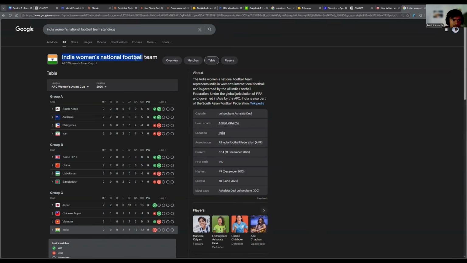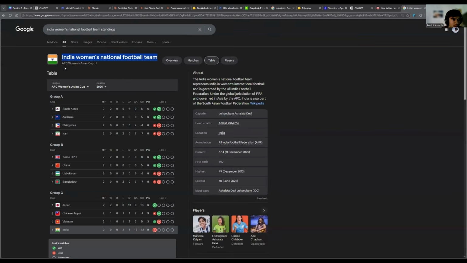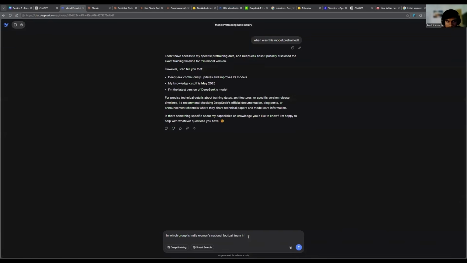So let's ask this model in which group is the Indian women's national football team. Okay, I'm not going to write it nicely, but let's say in 2026.